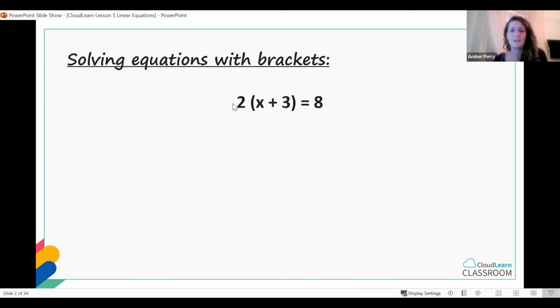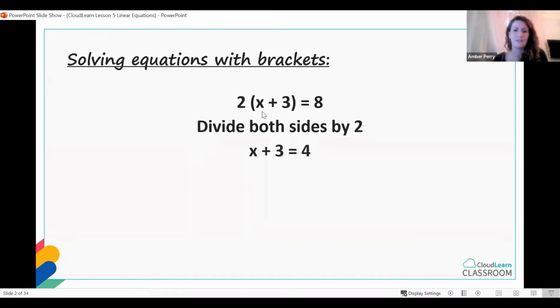The method I would always use with a question like this would be to begin by dividing by this number here, this number 2. I'm going to do that because it keeps everything nice and straightforward and simple. So if I divide both sides by 2, I'm left with x plus 3 is equal to 4.